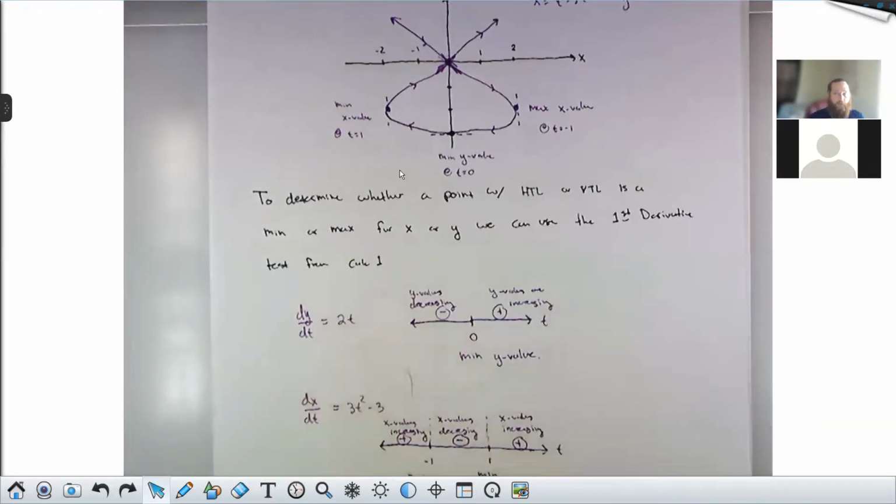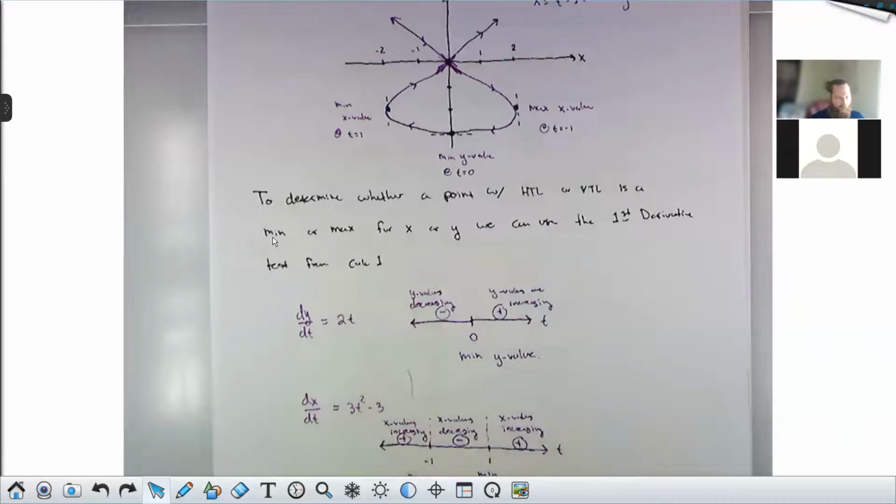I am primarily concerned with, and you should be primarily concerned with, just finding these points. Finding the points where the tangents are vertical or horizontal. Make sure you can do that. This is a fun little insight, but it's not something that I'm going to test you on necessarily. It's just something I want you to be aware of.